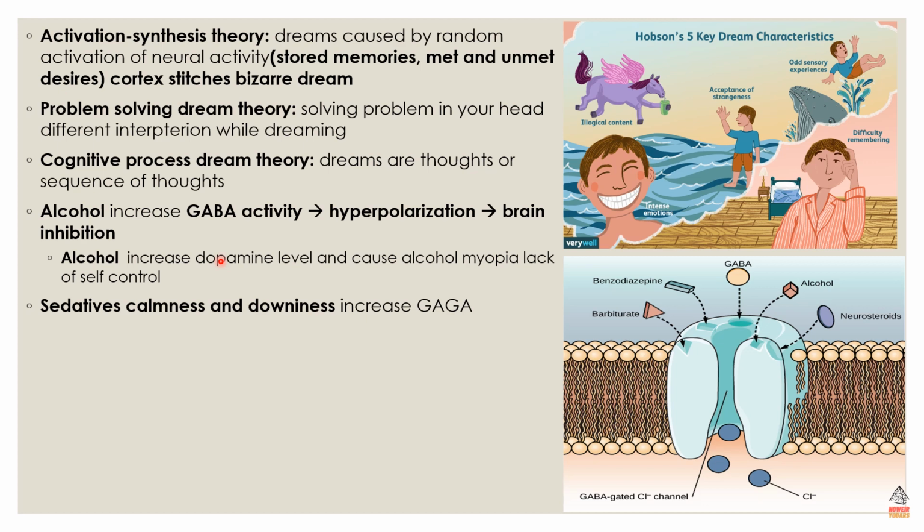So basically, alcohol causes an increase in GABA activity, and then it causes hyperpolarization. Hyperpolarization is the influx of potassium beyond the action potential until it goes back to normal, and then the brain is inhibited.